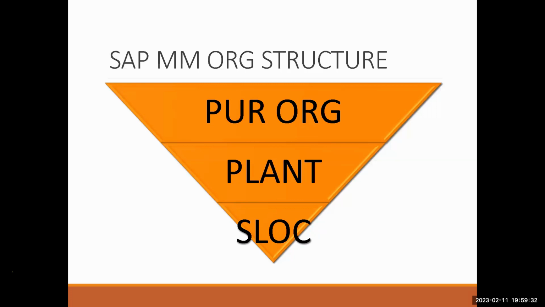Then under the purchasing organization comes the plant, and under the plant comes the storage location. So the SAP MM organization structure means these three. If anyone asks you about the SAP organization structure and the SAP MM organization structure, you need to be sure what they are asking and what you need to answer.